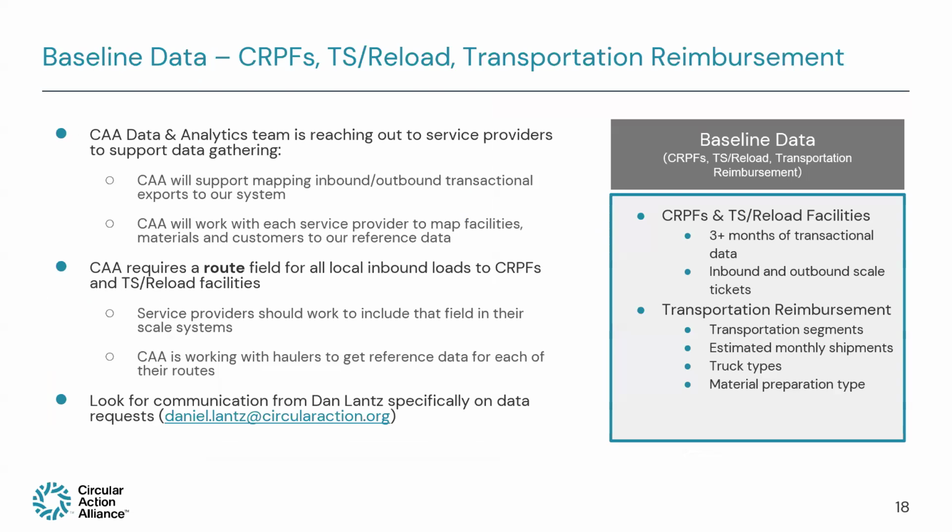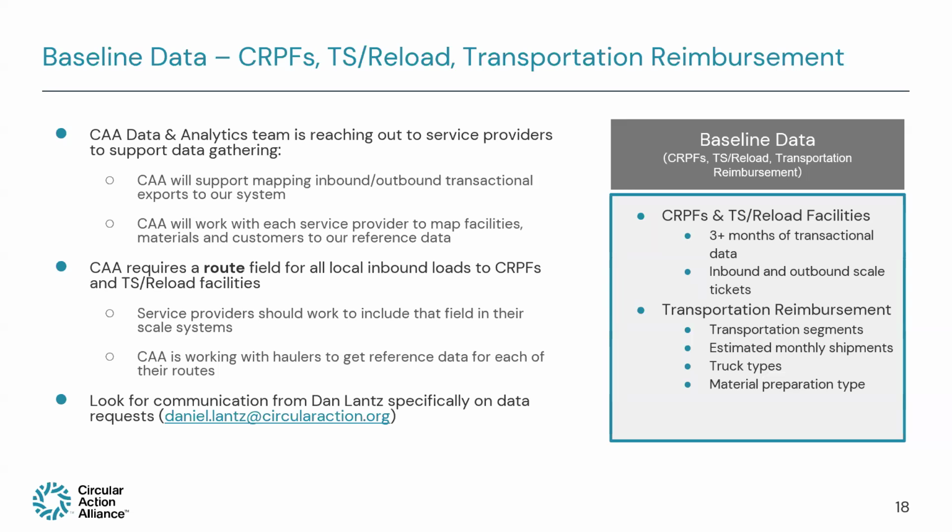So we talked a little bit about this at the beginning, but here is the baseline data that we'll be looking for from each of the service providers, at least those who are submitting activity reports. We'll be reaching out to folks who have signed their PFA, and we've also been working with many of the CRPFs already to get data.